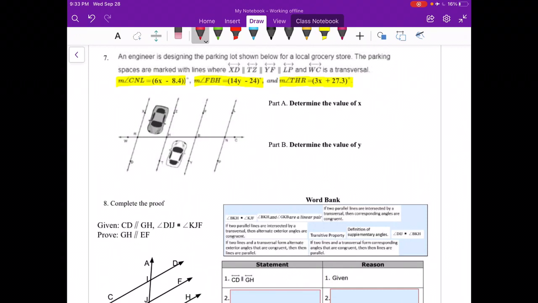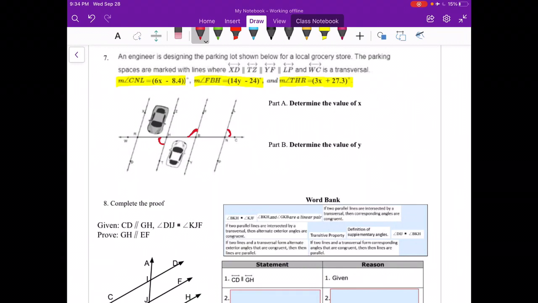First thing I'm going to do is find CWL on my diagram. And that angle is going to be right here in the upper right-hand corner. Angle FBH is going to be this angle right here, kind of towards the middle. And THR is going to be this angle towards the bottom left.